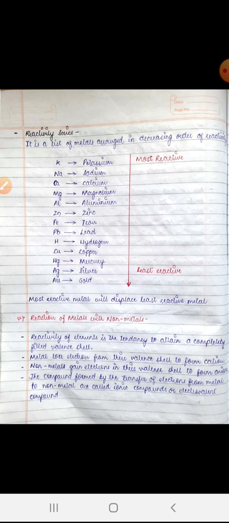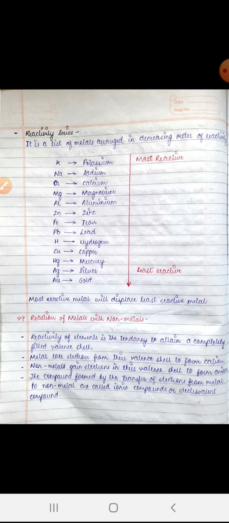In this way, in decreasing order, a reactivity series is given. It is a list of metals arranged in decreasing order of reactivity. The element which is written at the top of the list is more reactive, while the metal which is written at the end of the list is the least reactive metal. Here we can see the most reactive metals: sodium, potassium, calcium, magnesium, aluminium.